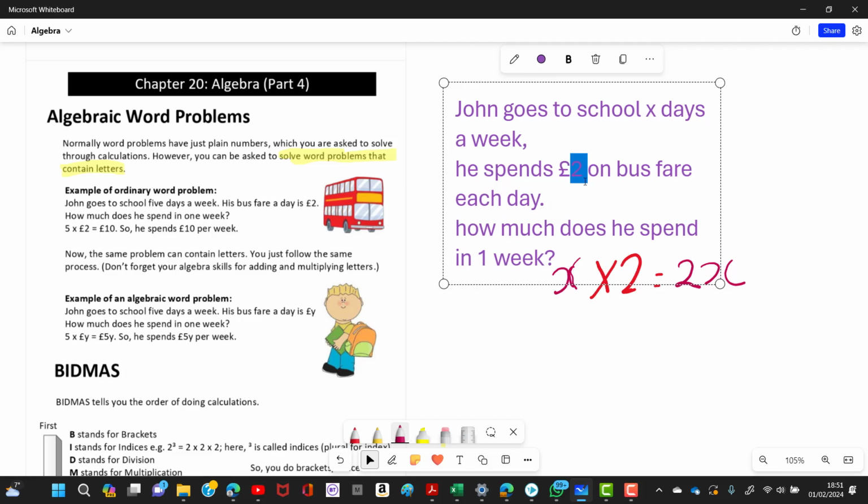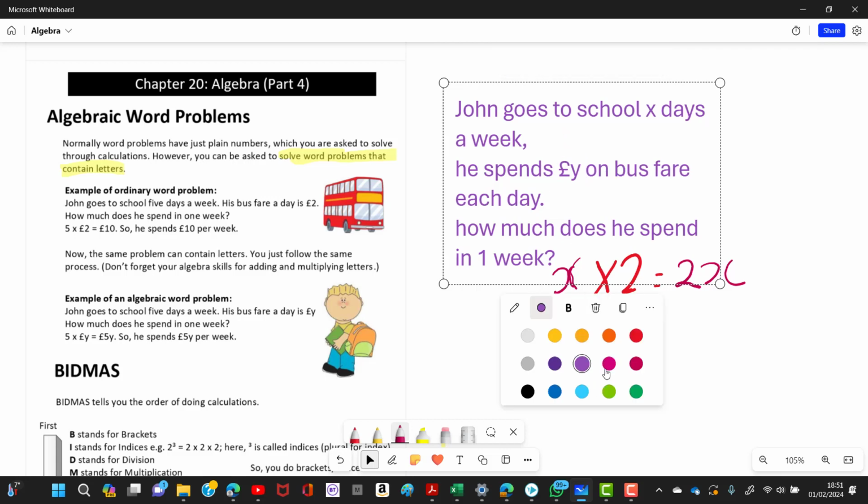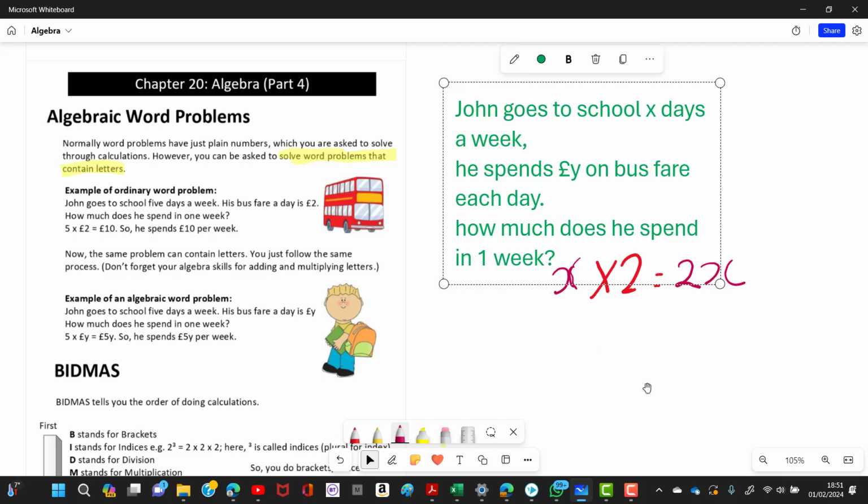Instead of paying £2 each day, he spends y pounds each day. How much does he spend in 1 week? You still go x days a week, so keep that x there.